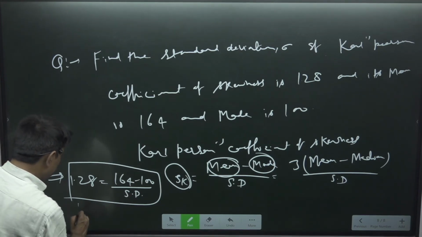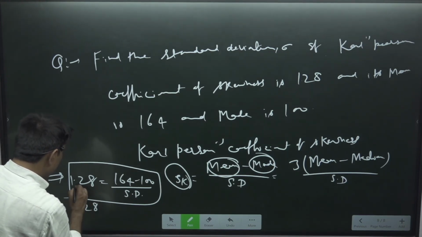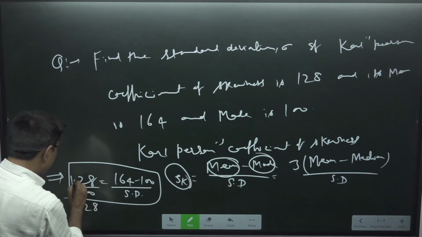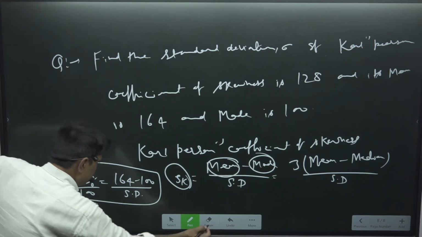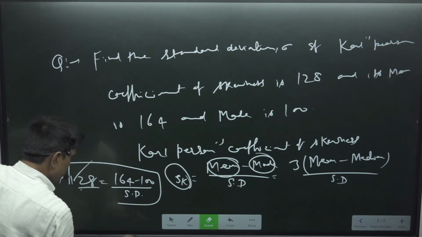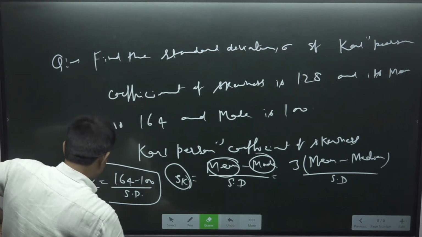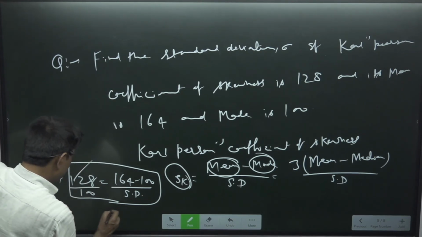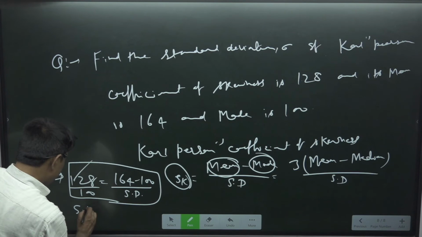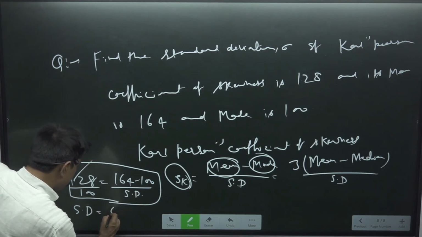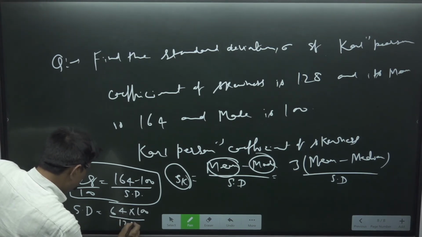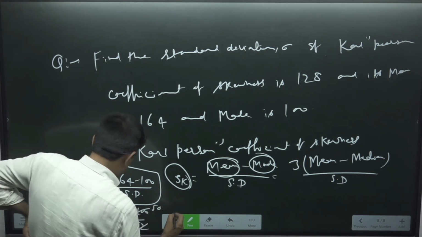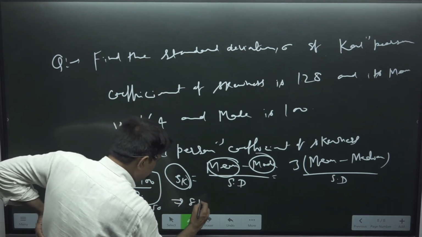Difference is 64, so 64 into 100 divided by 128, or this is 64, 2 times is 128, 2 times is 100, so this is 50.